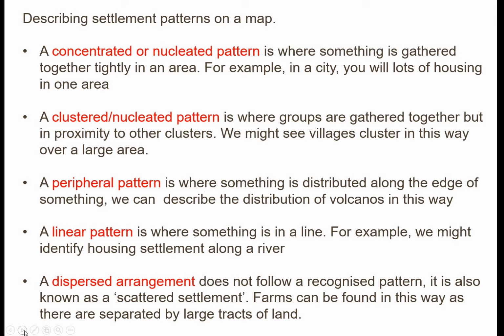I've used an example there, the distribution of volcanoes. We can talk about the distribution of volcanoes in that sense, along the ring of fire. A linear pattern: we might get linear patterns in terms of housing, or along a river.